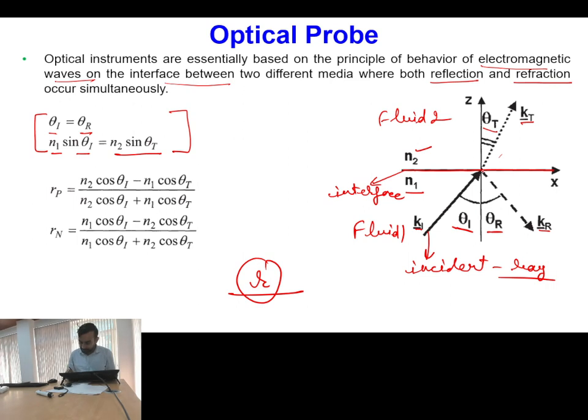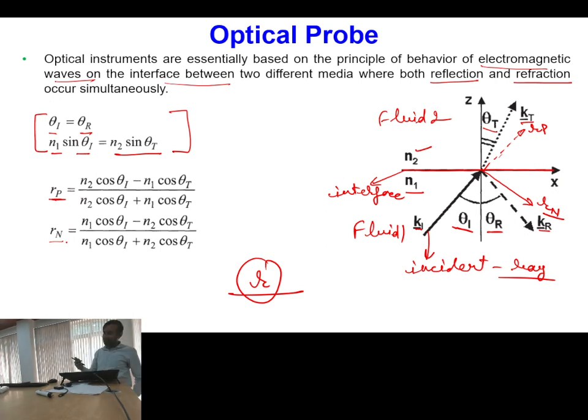One component can be parallel to the direction of incident ray, that is Rp, and other can be perpendicular to the direction of incident ray, say that is my Rn. Okay, so Rp is the intensity ratio for parallel to the incident wave, and Rn is normal to the direction of the incident wave.